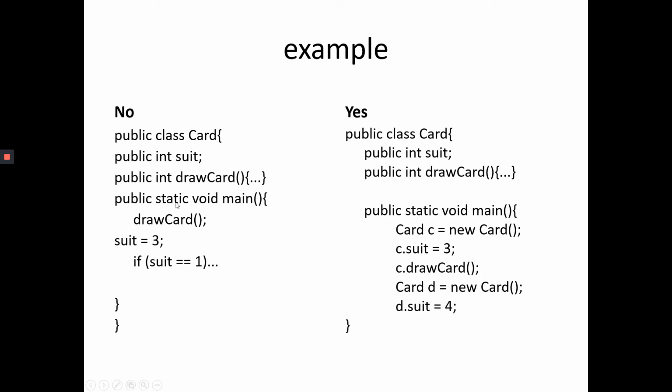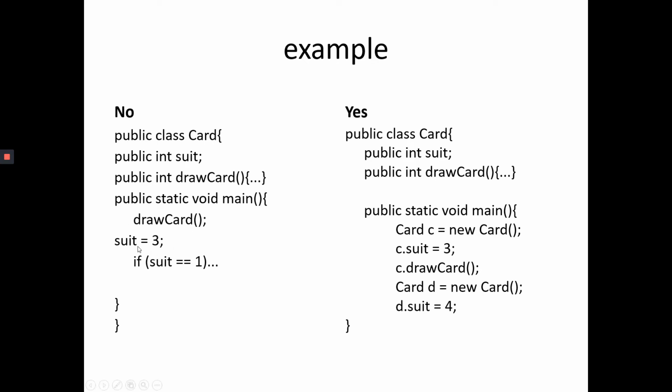In the main method of this left side, I'm trying to call drawCard directly. That used to work. But now, because it's not static, it has no meaning. It can't call a method that could potentially access instance variables when you don't have an instance or an object to call it from. So this cannot be done.